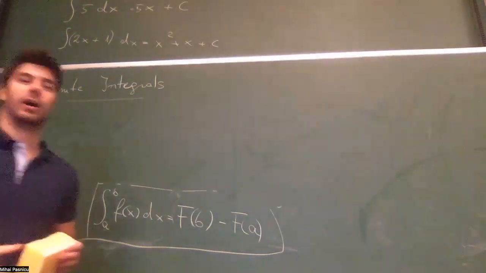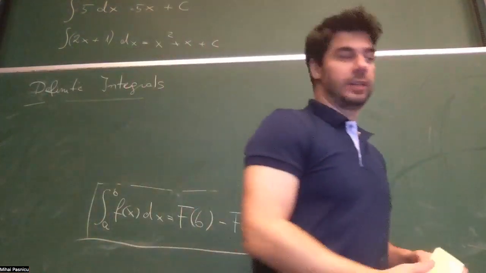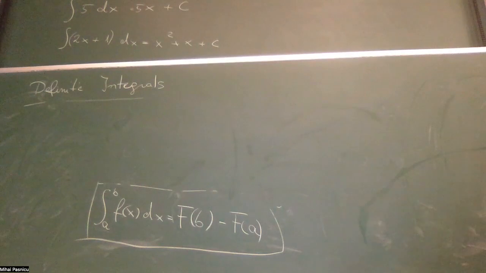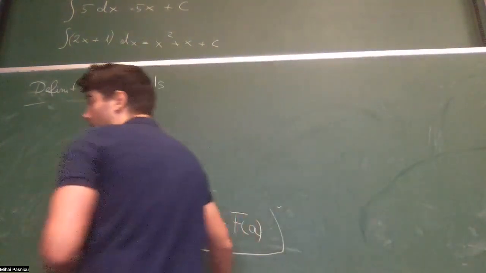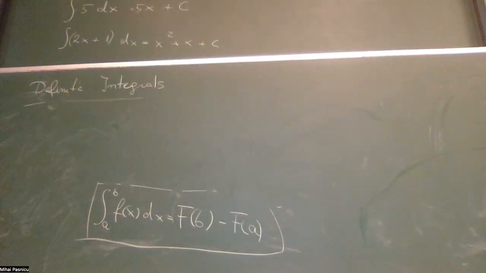Okay, guys. So now let's talk about some mini properties of this, and then let's move on. First of all, everything that I showed you for indefinite integrals works for definite integrals. You can split them, you can move the constant out. Everything that I showed you still works here.